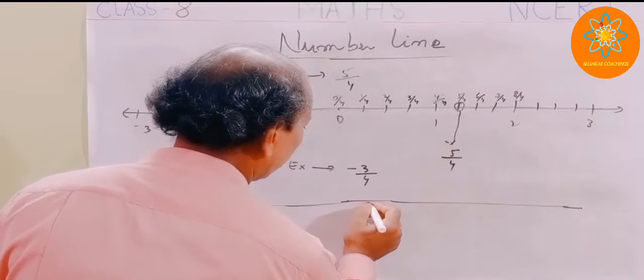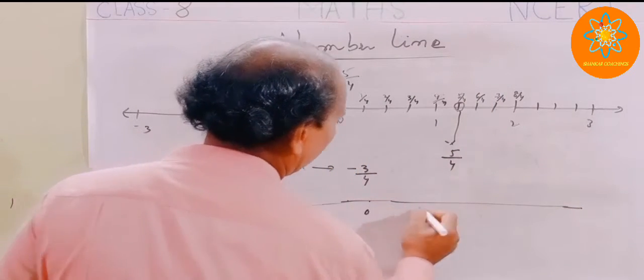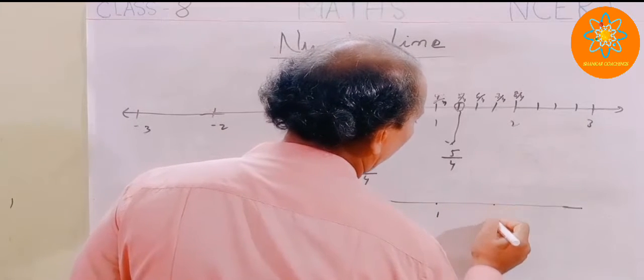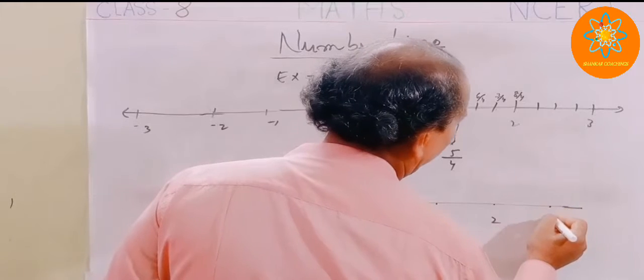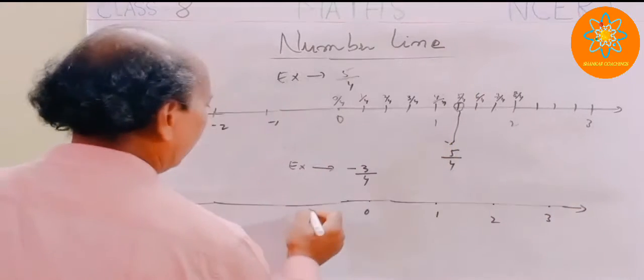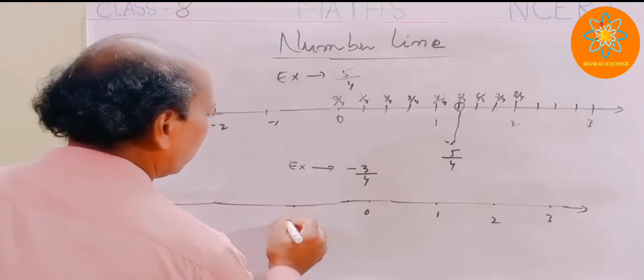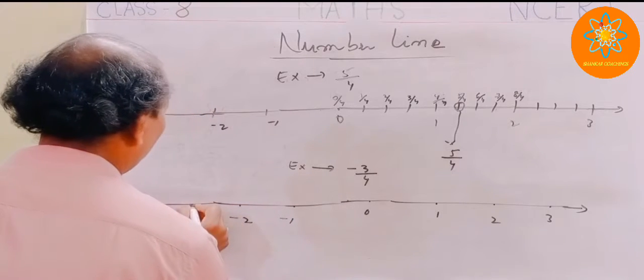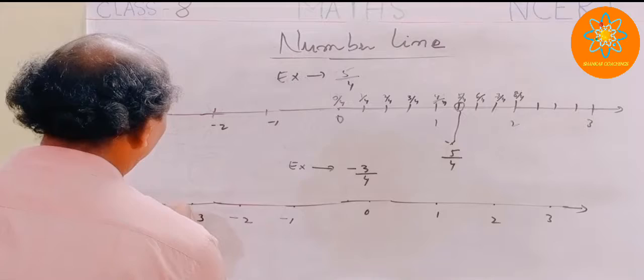Let's suppose this is 0, this is 1, this is 2, this one is 3, and so on. Likewise here also, minus 1, minus 2, minus 3, and so on.